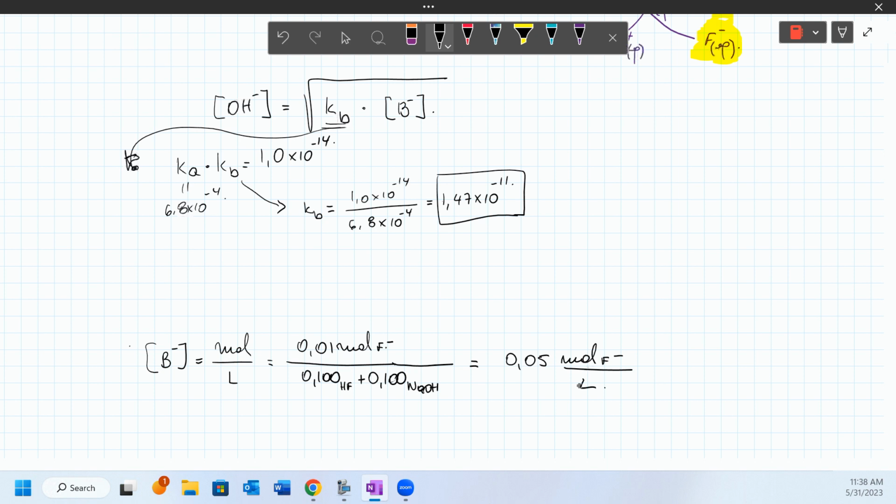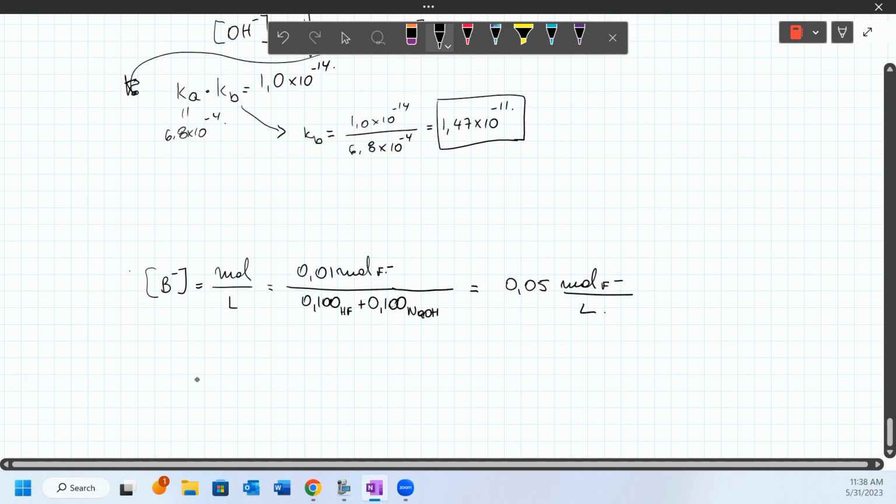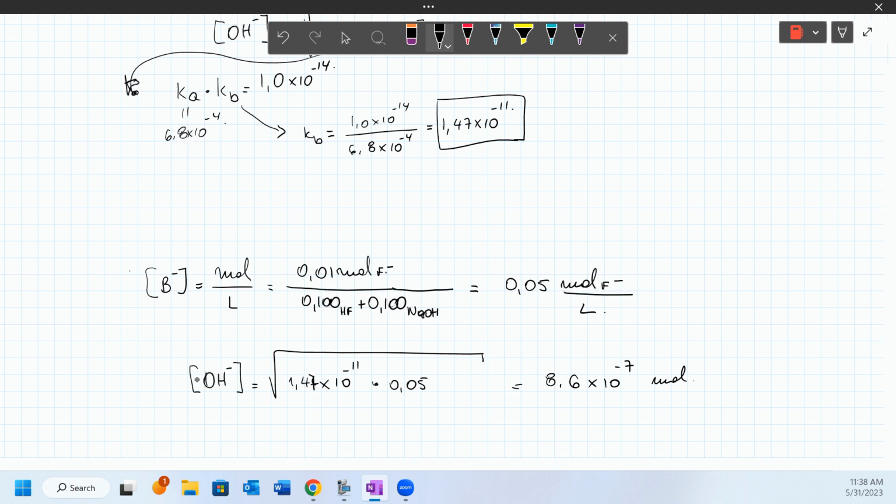Now that you have the two pieces, we can find the concentration of hydroxide as the square root of 1.467 times 10 to the power of negative 11 times 0.05 moles per liter. The whole thing is under the square root, and I have here as the concentration 8.6 times 10 to the power of negative 7 moles of OH minus per liter.